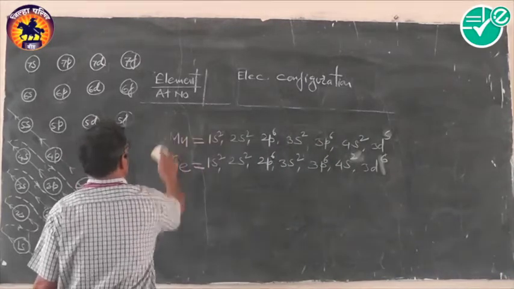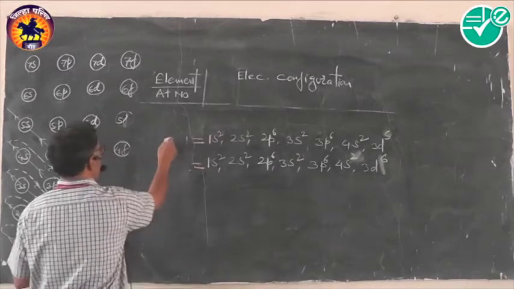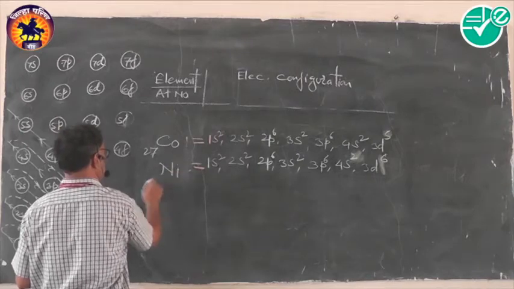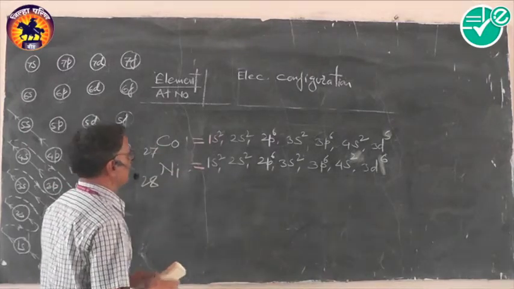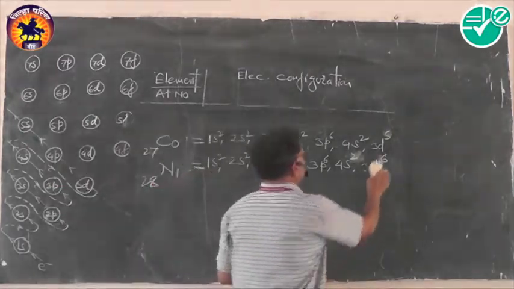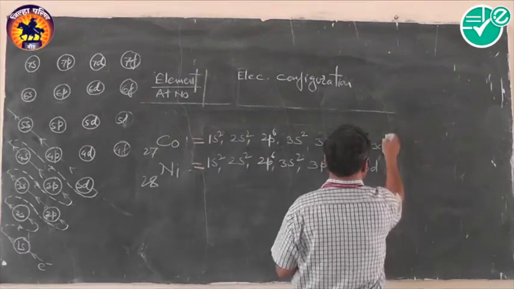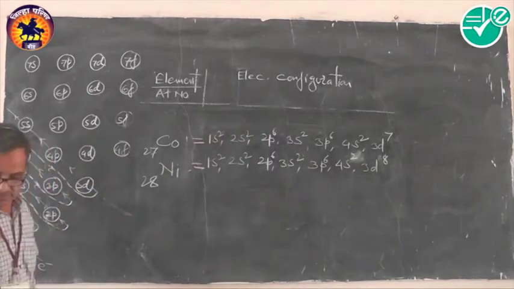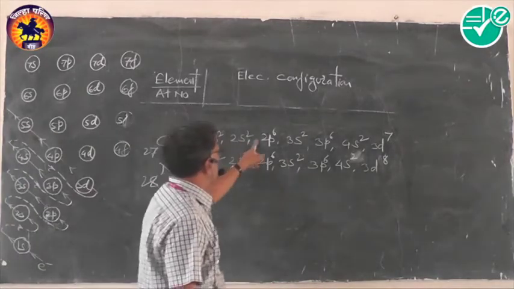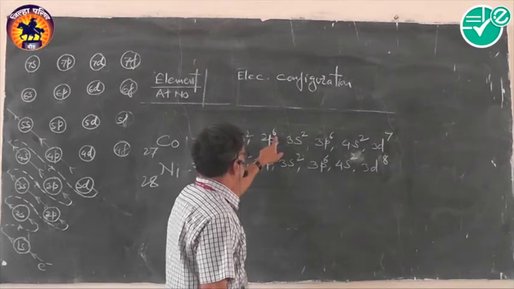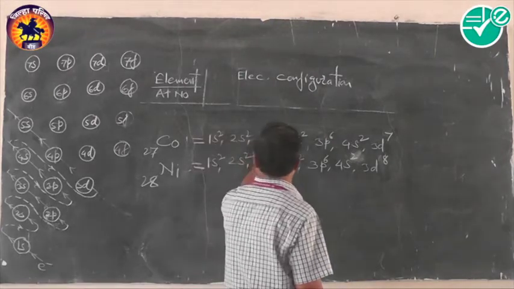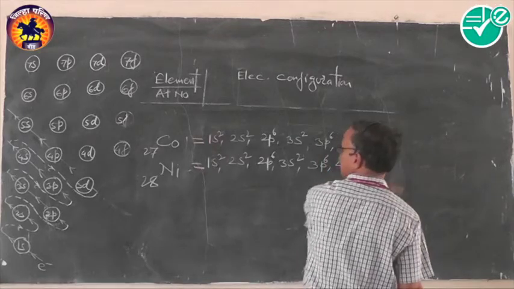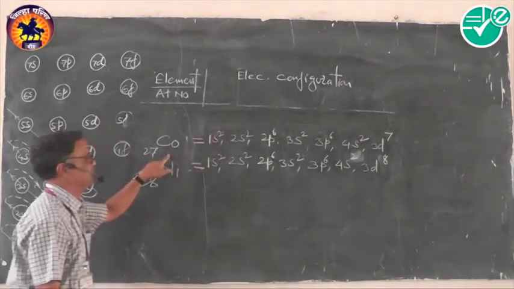Now the next element is cobalt with atomic number 27 and nickel with atomic number 28. These electronic configurations can be written as 3d7 and 3d8 for the last subshell, that is 2 plus 2, 4, plus 6, 10, plus 10, 20, plus 7, 27, atomic number equal to 27.